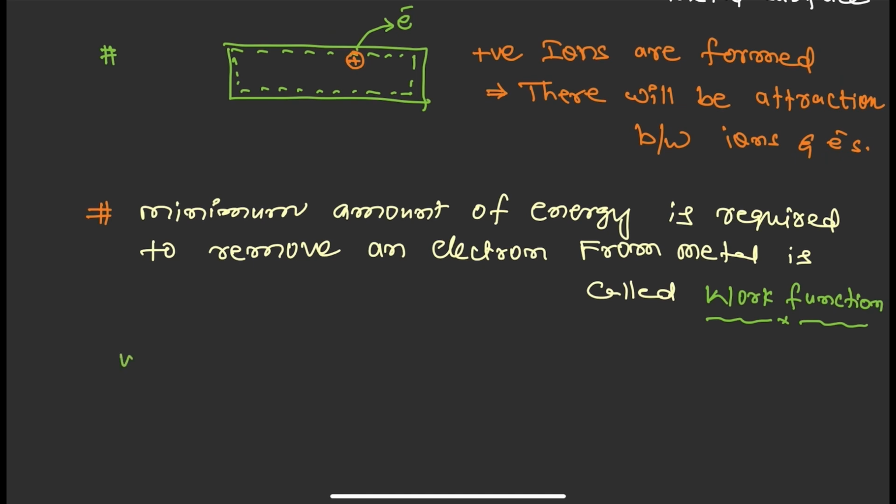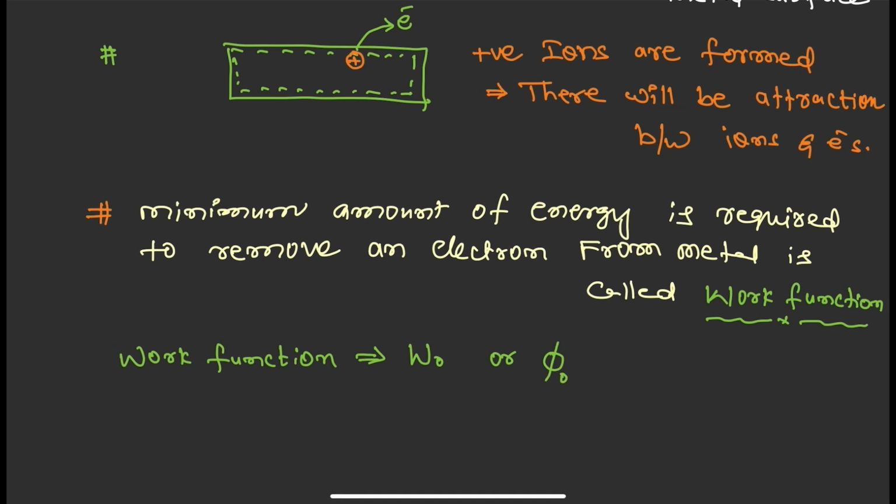Work function is generally denoted by W naught, or sometimes we can represent it as phi naught.